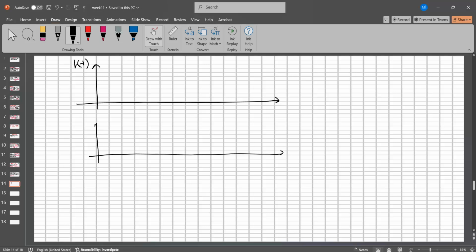This is the u(t), and also this is the v(t).